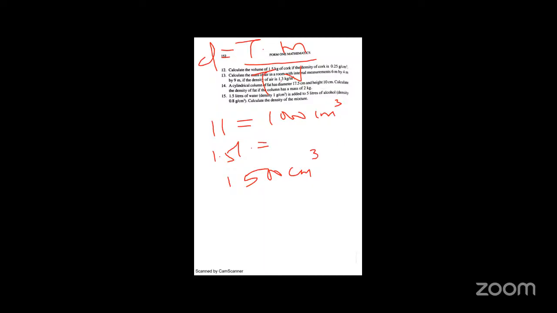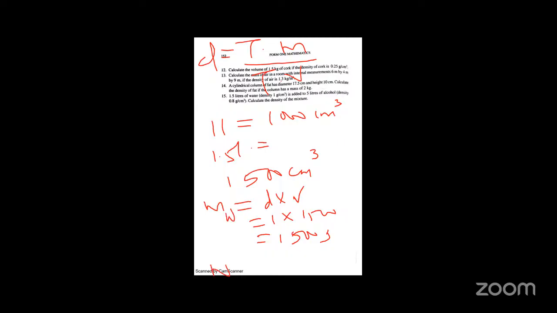So for us to find its mass, the mass will be given by density times the volume. So the density is 1 gram per centimeter cubic times 1,500. So the mass is 1,500 grams. That is the mass of water.